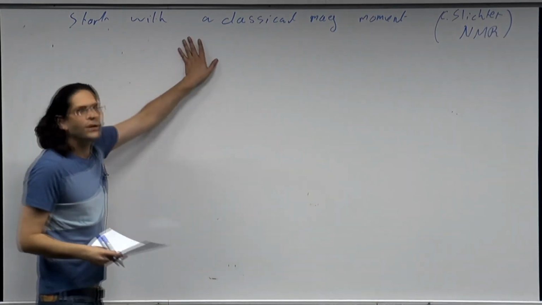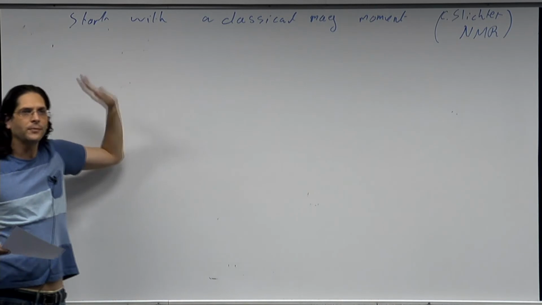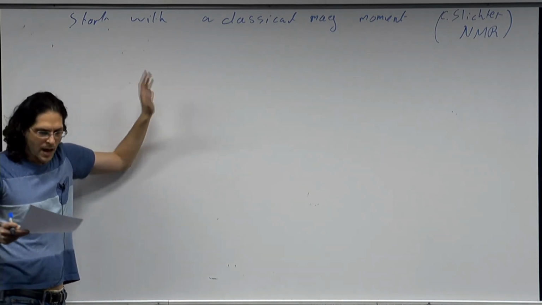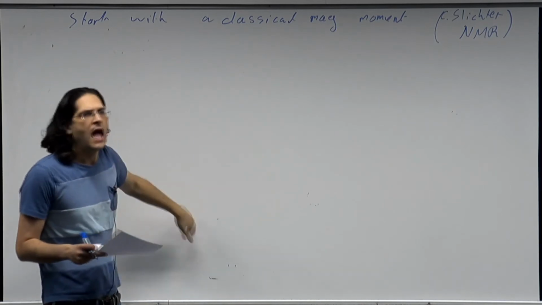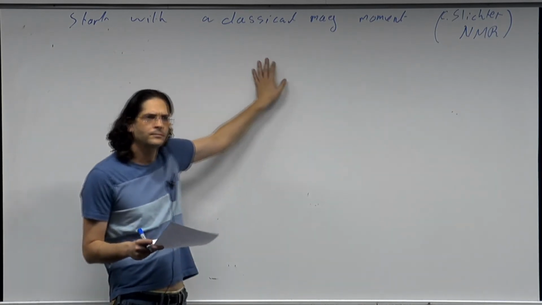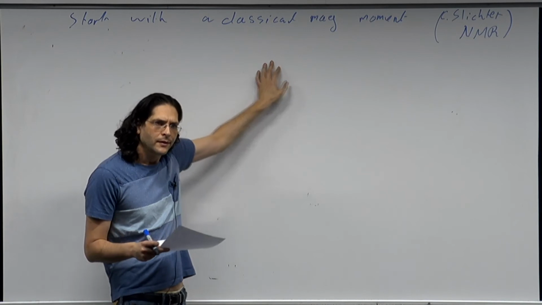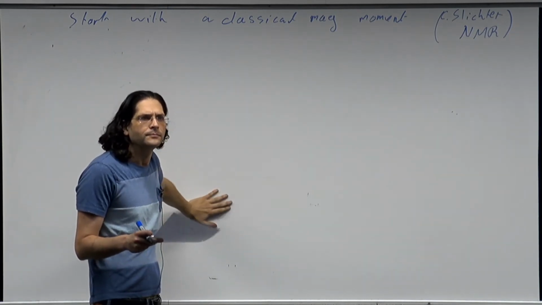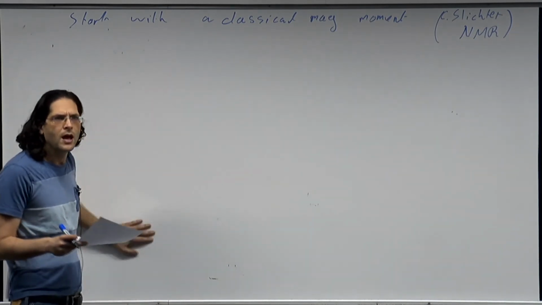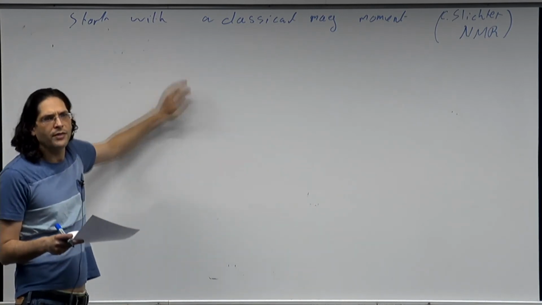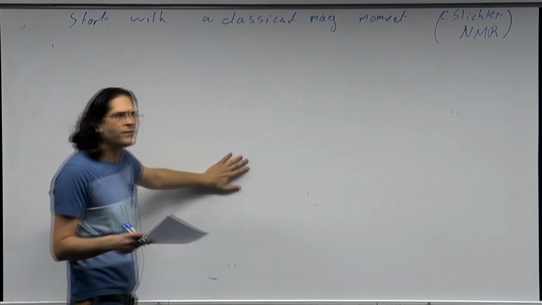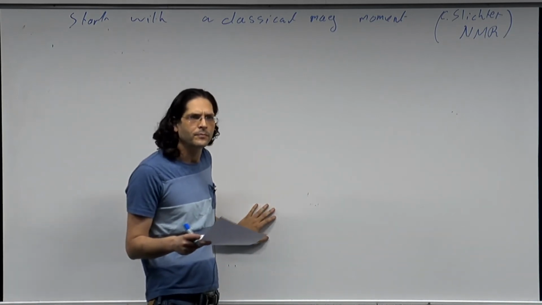What we're going to be doing with this classical magnetic moment is the dynamics, and then I'm going to show you that a quantum version of this has the same dynamics. So we're going to go from classical. I'm going to show you phenomena of a classical magnetic moment, we're going to see how they arise, then we're going to see the quantum version and see that it's the same.